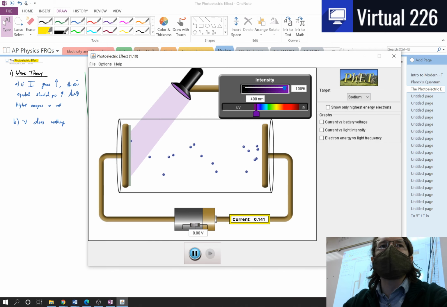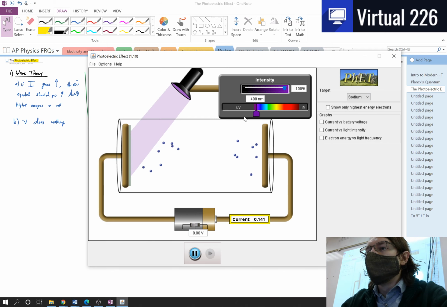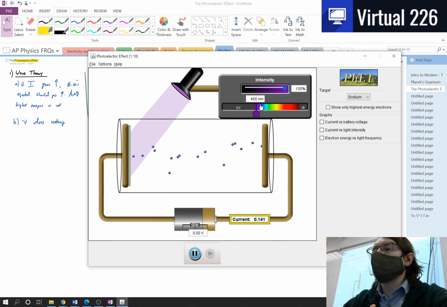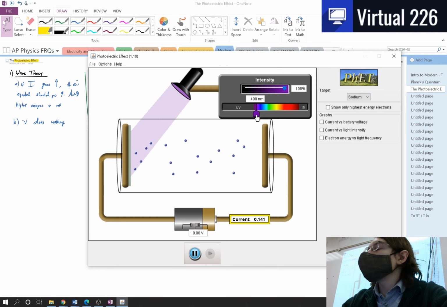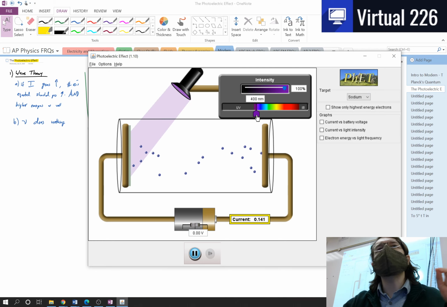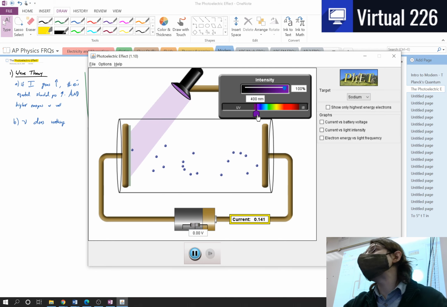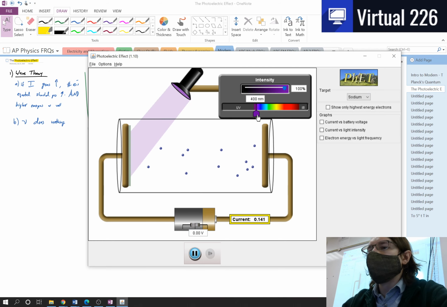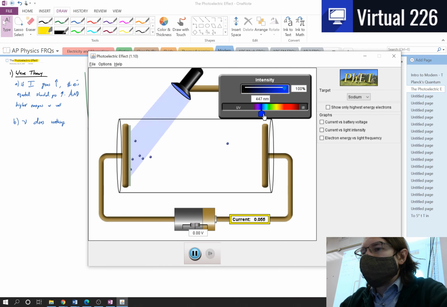Let's change the frequency and see what happens there. Right now, I'm at a violet-purple light, 400 nanometers. I'm going to increase the wavelength. When I increase the wavelength, I decrease the frequency, so I'm going to move this to the right.